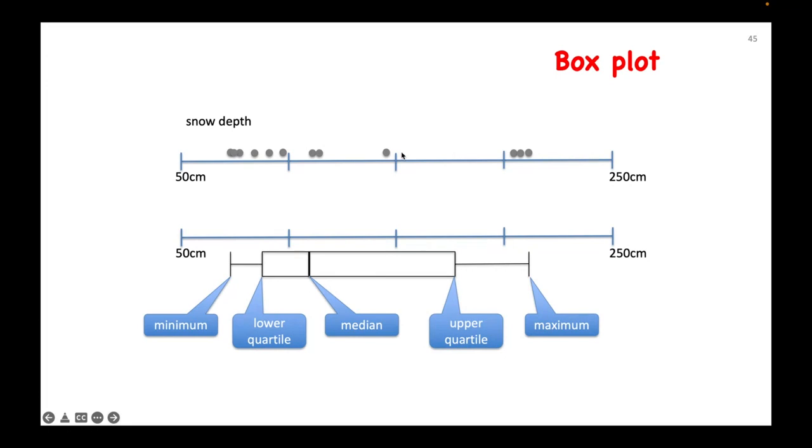And this is capturing that. It's saying there's a quarter in there, half in there, and you've got a much bigger range. And again, a quarter in there. So you can see more of the pattern from the box plot than you would from the straightforward descriptive statistics as numbers.